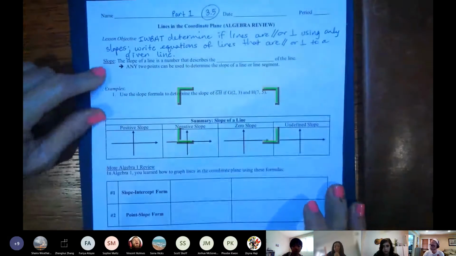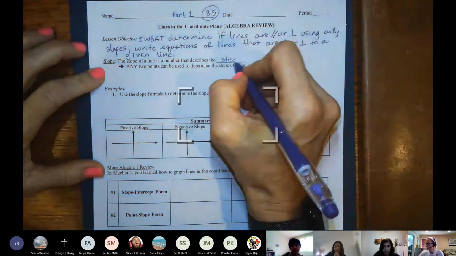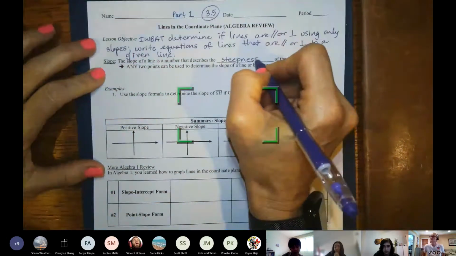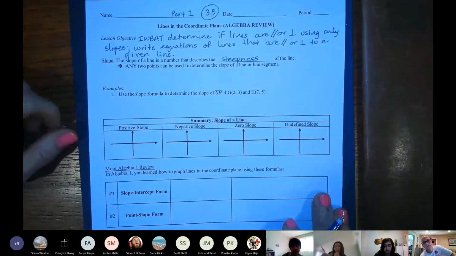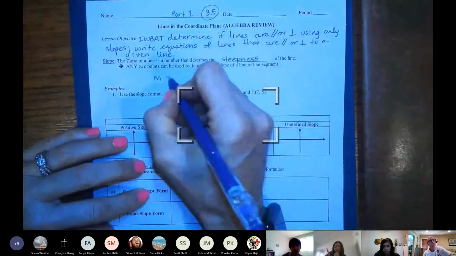So slope refers to a number describing the steepness of the line. Any 2 points can be used to determine the slope of a line. All you have to use is the slope formula. So we call slope m. I still have no idea why.